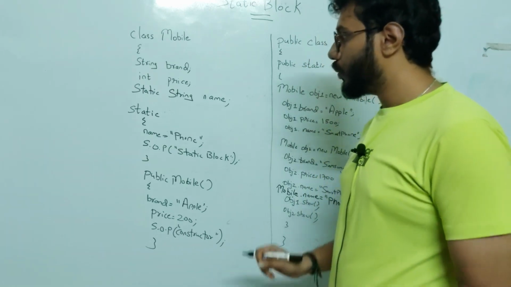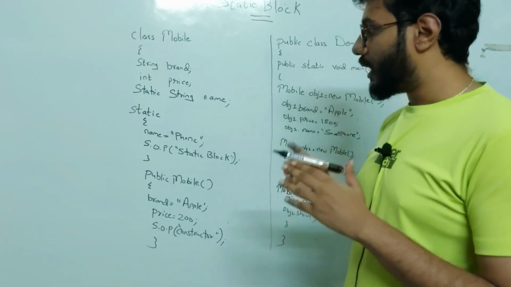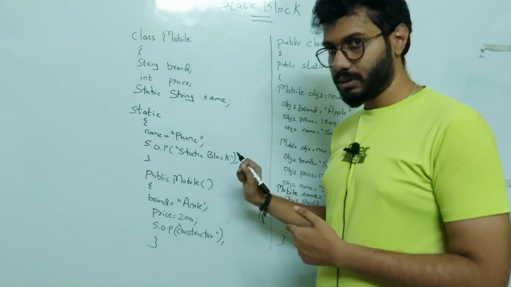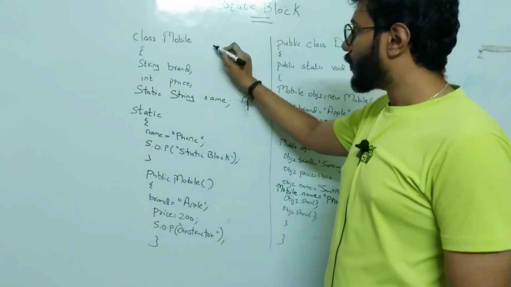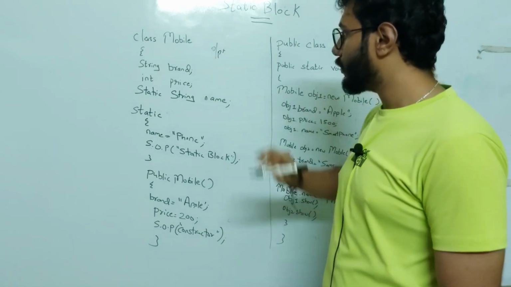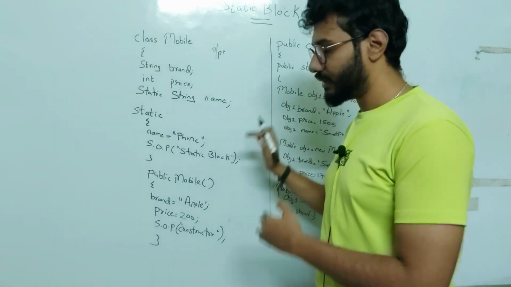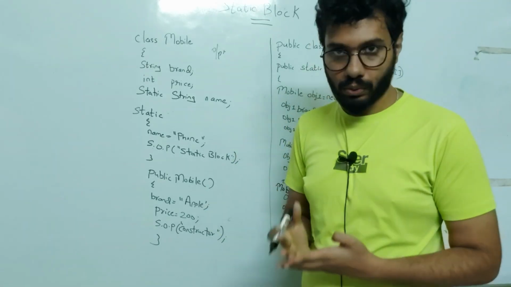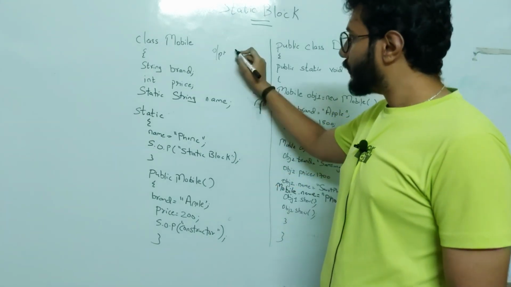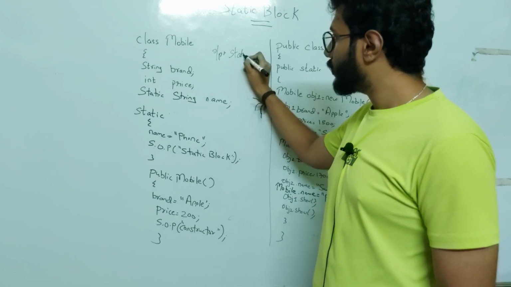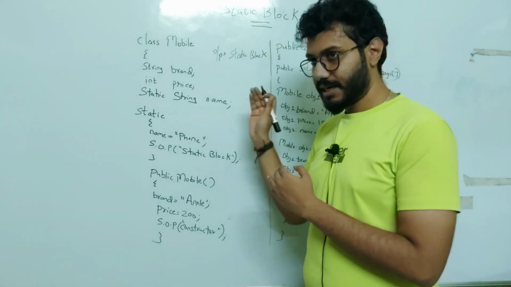So what happens here, we need to understand the output of this code. Let us see the output. Before going through the output, I request you to please run this code and see your output on your own so you can understand it clearly. So the output of this will be static block.